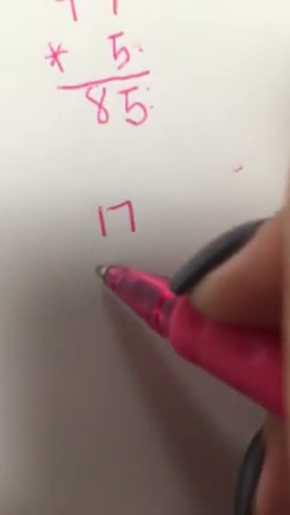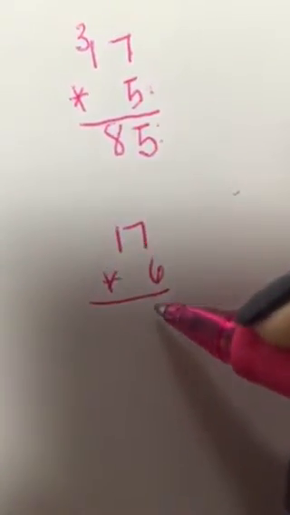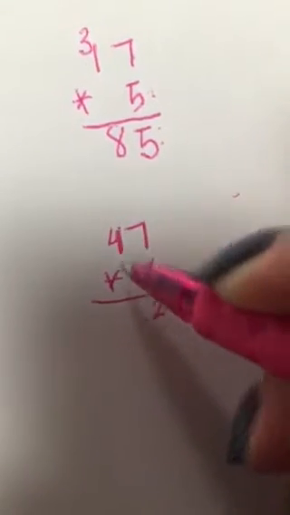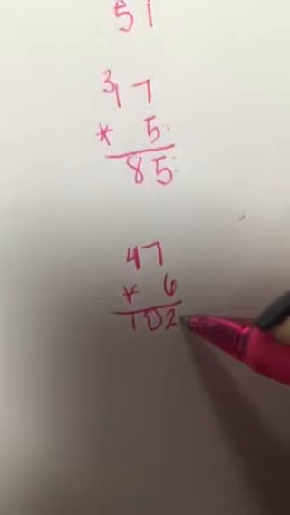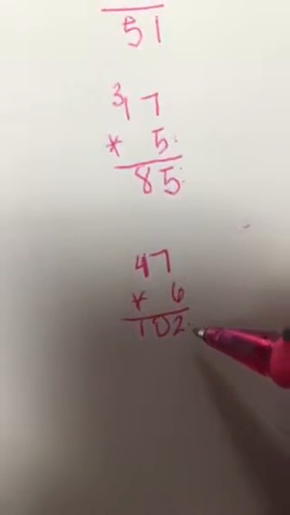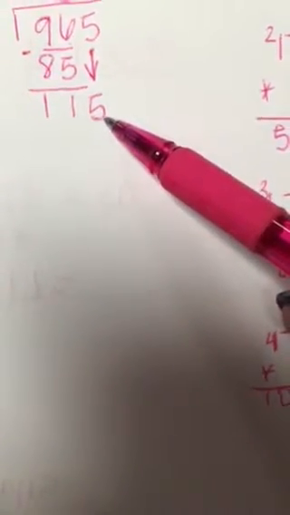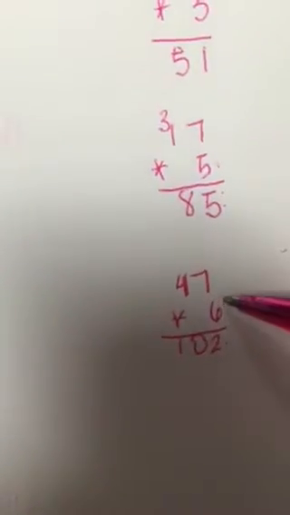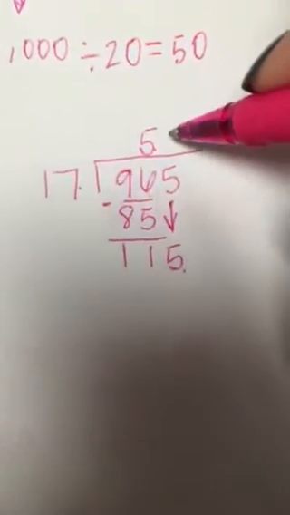So 17 times 6. 7 times 6 is 42. 102. If I had another 17, that would be 119. So that's going over my number 115 here. So we're going to say it can go in there 6 times.